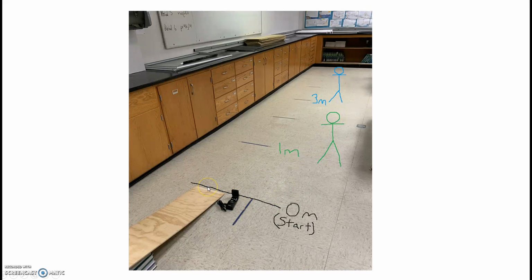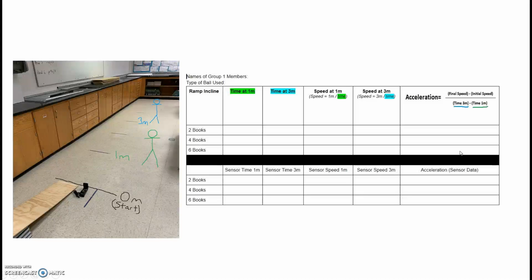That's when they'll hit start, and then as that ball rolls past their respective lines is when they'll hit stop. So for example, at 1 meter, that's when the person in green will hit stop. The ball will continue to roll to the 3 meter line, and that's when the person in blue will hit stop.